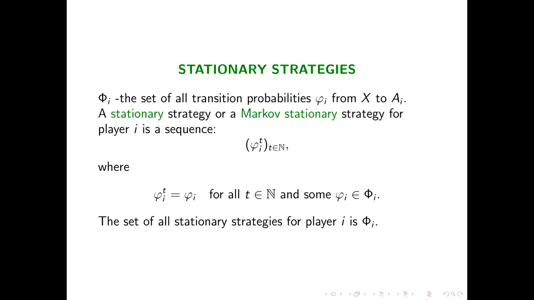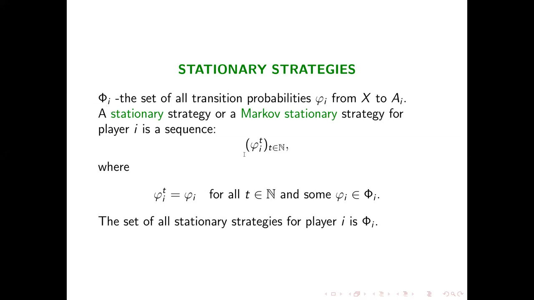In particular, we will be interested in the class of so-called stationary strategies. First we define the set Phi_i, the set of all transition probabilities phi_i from X, from the state space, to the action set A_i. And the stationary strategy, sometimes called Markov stationary strategy, for player i is a sequence phi_it, where each phi_it equals some constant element from the set Phi_i.